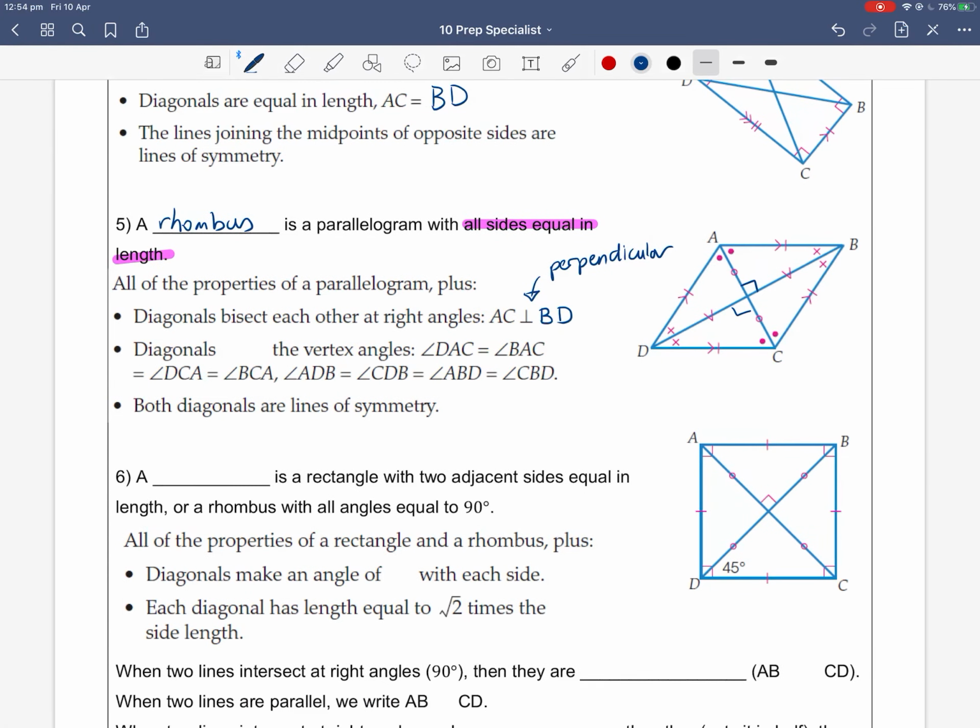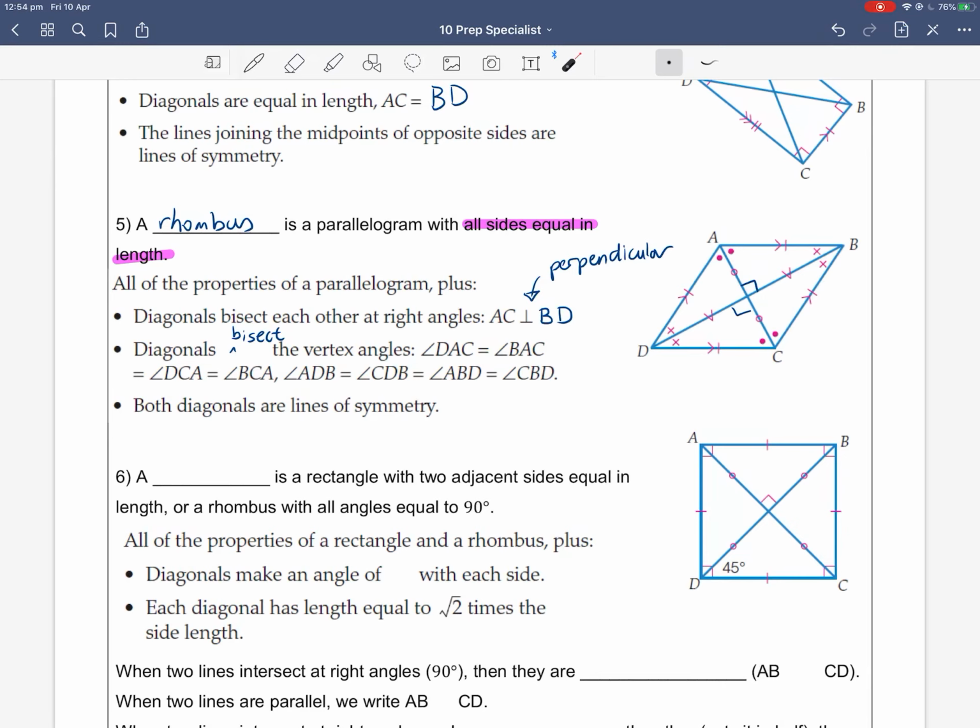And also the diagonals bisect the vertex angles. So specifically angle DAC, so this one here, is the same as BAC, as you can see with the two solid dots, which is the same as DCA, which is the same as BCA.